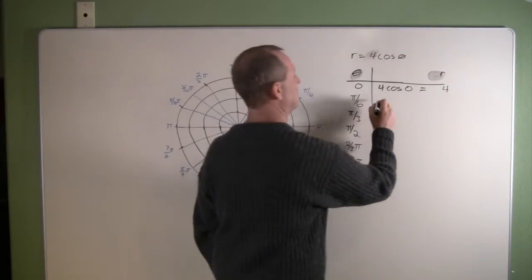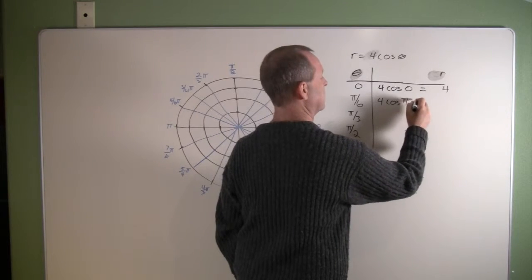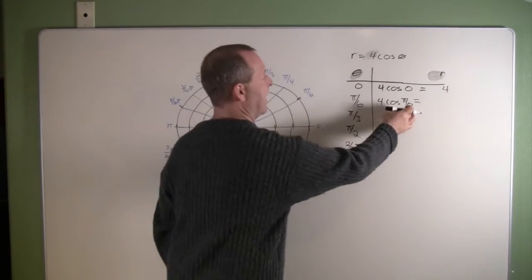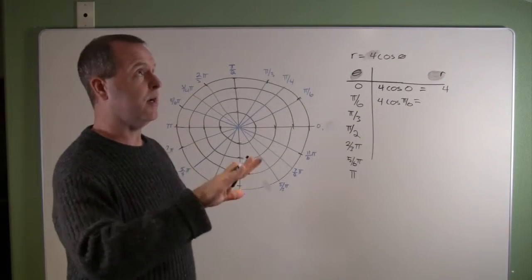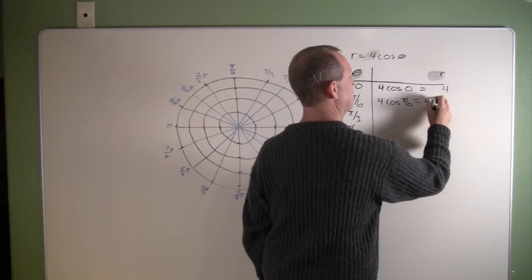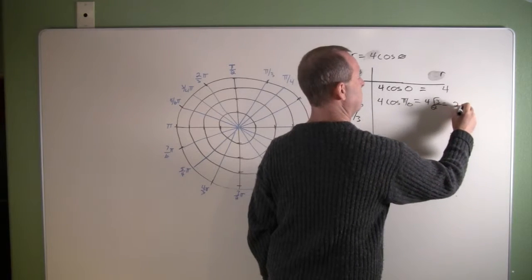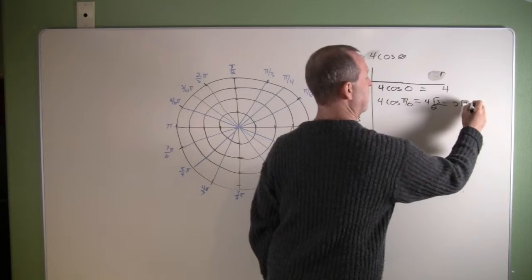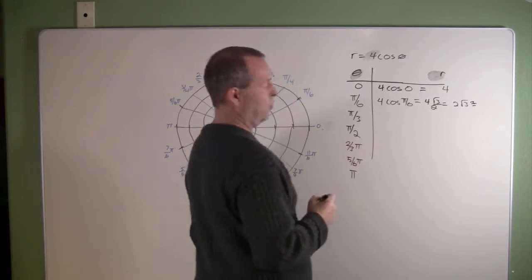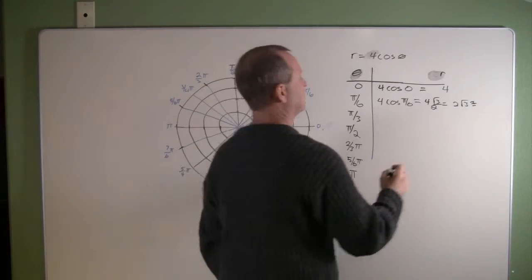Pi/6. 4 times the cosine of pi over 6. Cosine of pi over 6 is √3 over 2. So that's 4 times √3 over 2, which equals 2√3, and that's approximately 3.5.